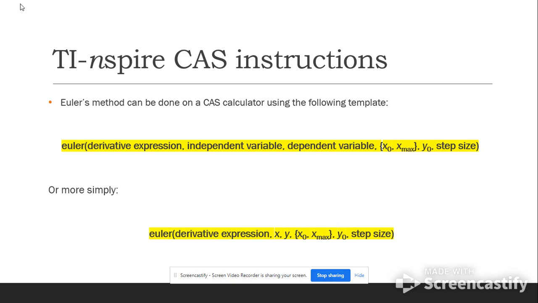Euler's method can be done on a CAS calculator, and the following template must be used.